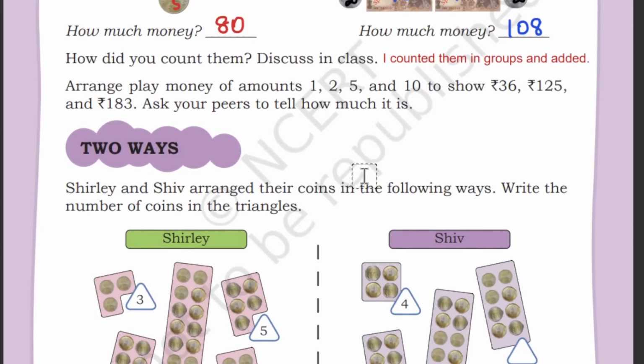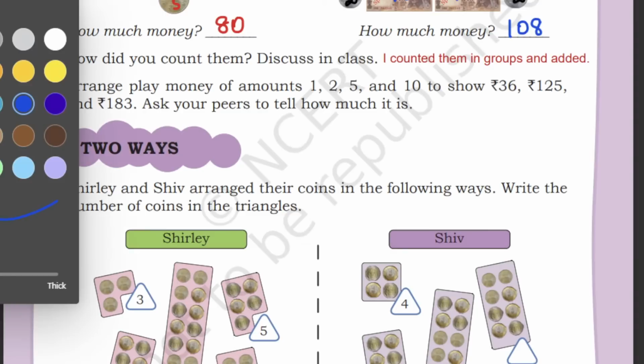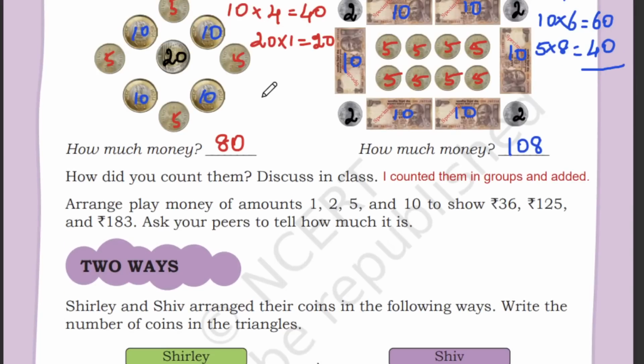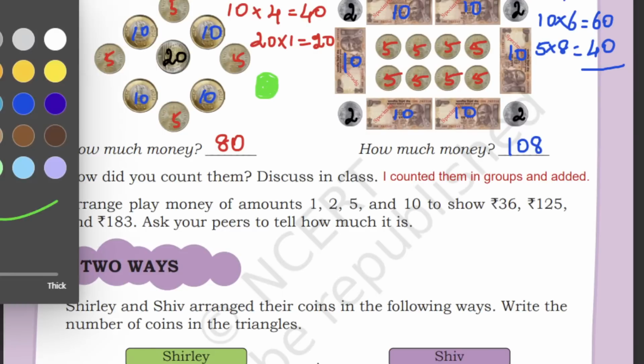So for 1 rupee I am going to take maybe green color, students. Okay, for 1 rupee we will take green color. I will mark it here. Imagine that this color is 1 rupee. I'll make it a little thicker.